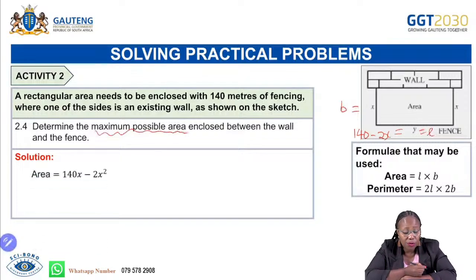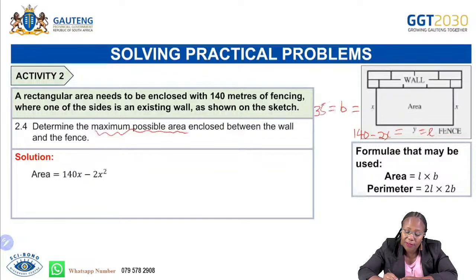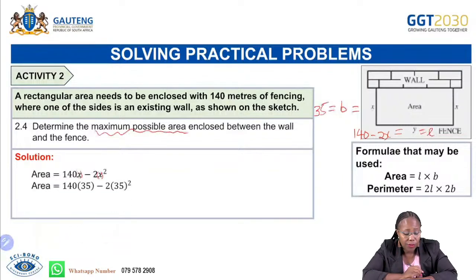So now that means we'll take the original area formula, of which is 140x minus 2x squared, as we have calculated previously. And then we are now going to substitute that value of x that we have calculated as 35 on the previous solution and substitute for x here. Where we have an x, we are going to remove and put in the 35. So now into your calculator, grade 12, straight to the answer.